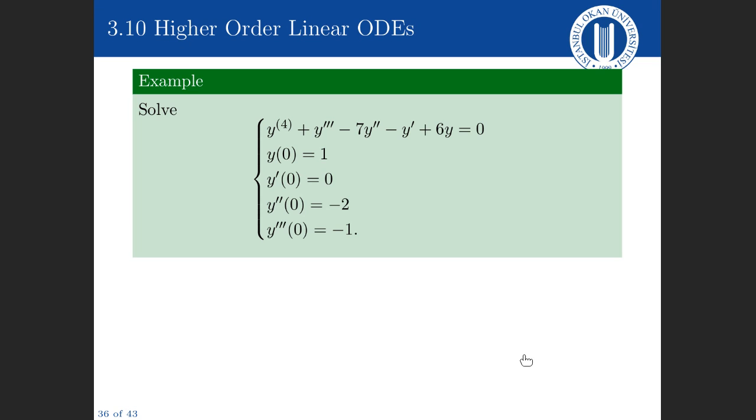For example, let's suppose I want to solve this homogeneous fourth order linear differential equation: the fourth derivative of y plus y triple prime minus 7y double prime minus y prime plus 6y is equal to 0, with these initial conditions. This is a fourth order equation, so we need to have 4 initial conditions.